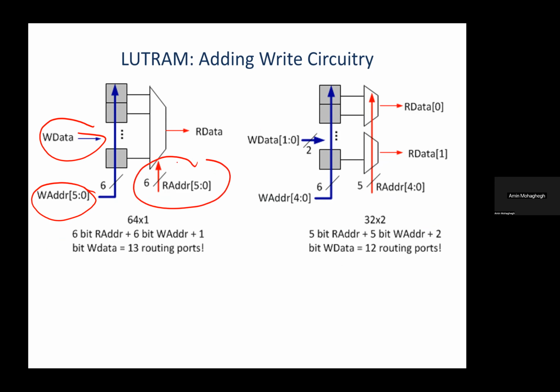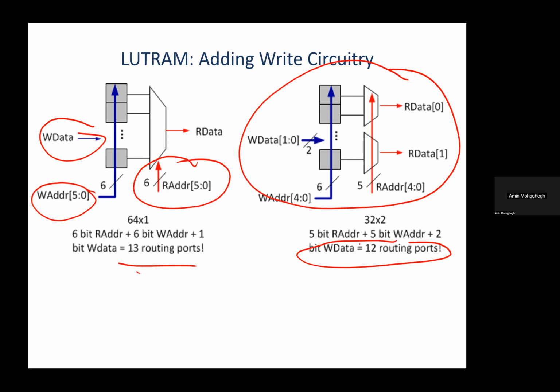And I already have 6 inputs used for my read address, my normal LUT inputs. If I add this up, and just add all these routing ports to my lookup table, I wind up with 13 routing ports. If I redo this for the dual 5 LUT mode, it's a little better, but it's 12 routing ports. So that's pretty bad. Xilinx, AMD, builds 7 routing ports to their 6 LUT.